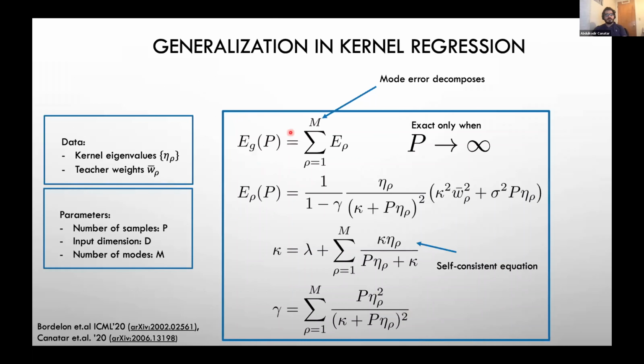First of all, what we find is that the generalization error decomposes into mode errors for each separate mode. And the mode error is given by this complicated equation, which depends on my kernel eigenvalues, teacher weights, and the noise variance. Plus there's this complicated self-consistent equation we need to solve in order to obtain what the generalization error is. I want to stress that this result is only exact as p goes to infinity.